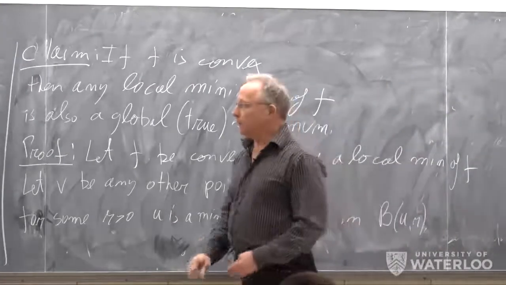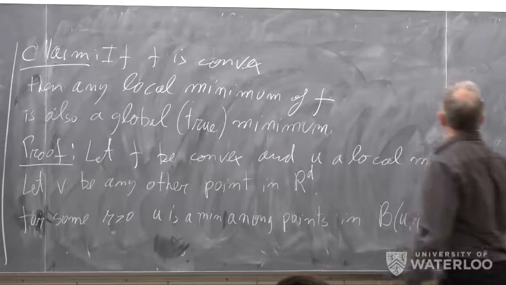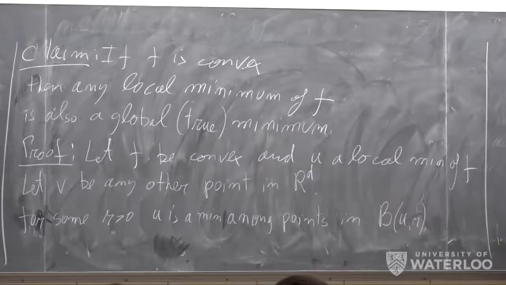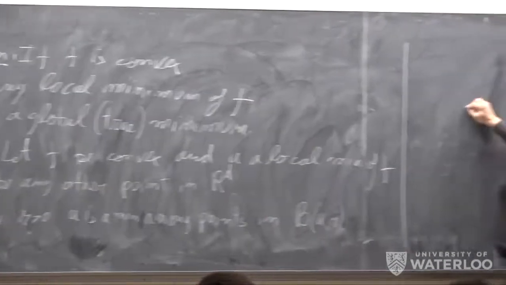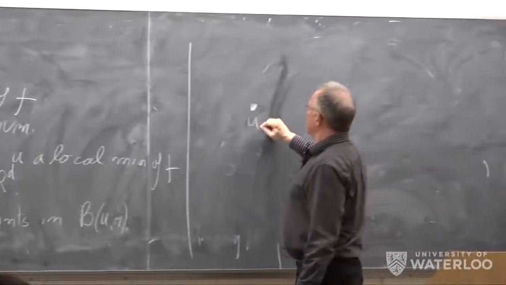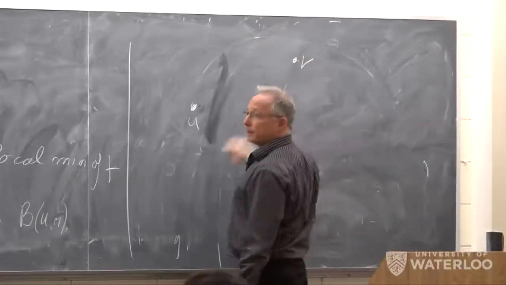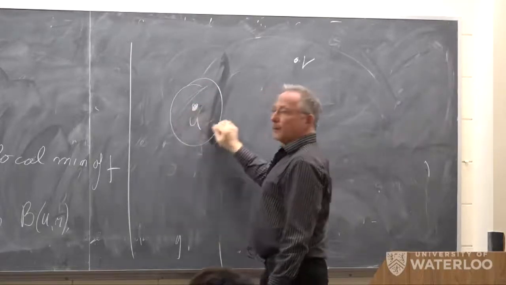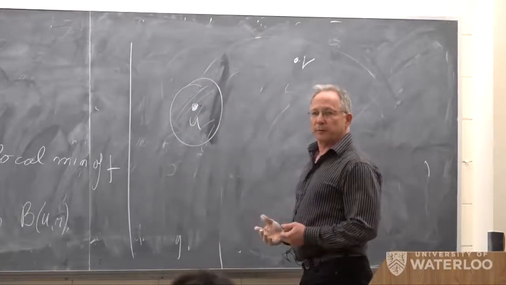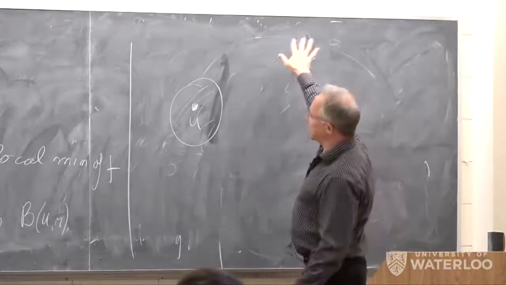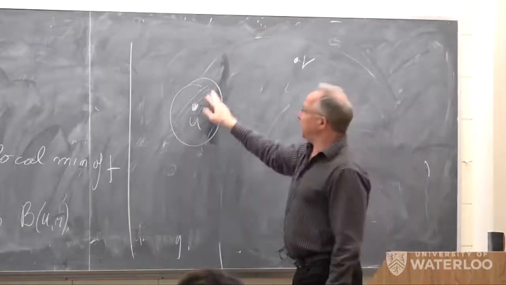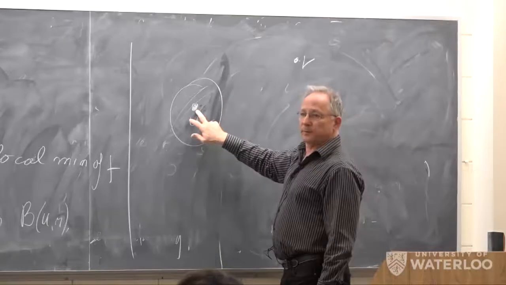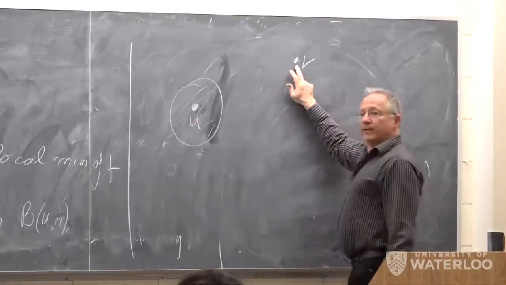So now, here is my picture. I have here the point u. I have here the point v. And I have a ball around u. I don't draw my function because now I'm two-dimensional. I know that among all members of this ball, u is a minimum. But v may be outside this ball.